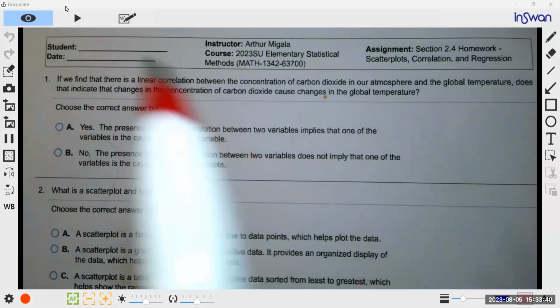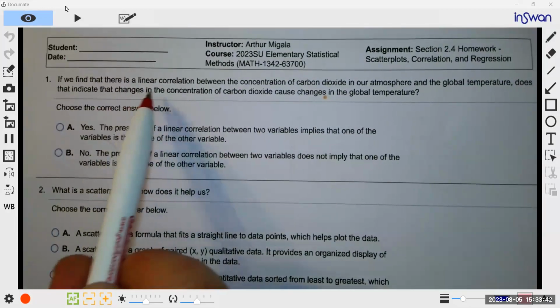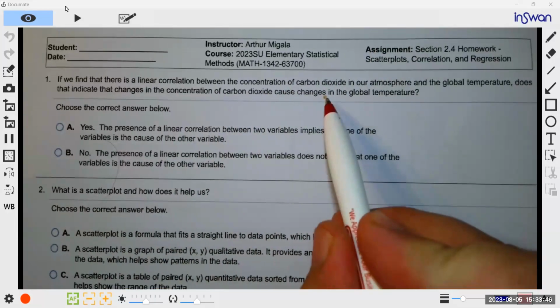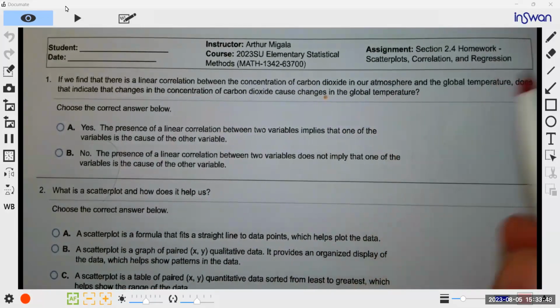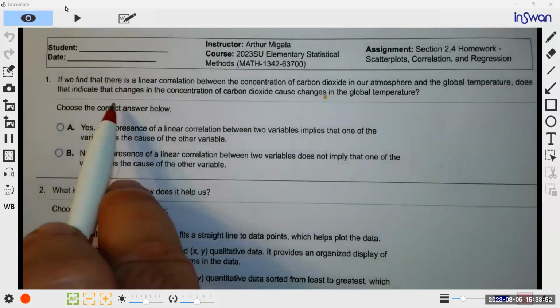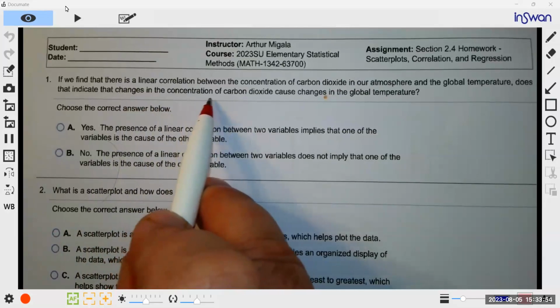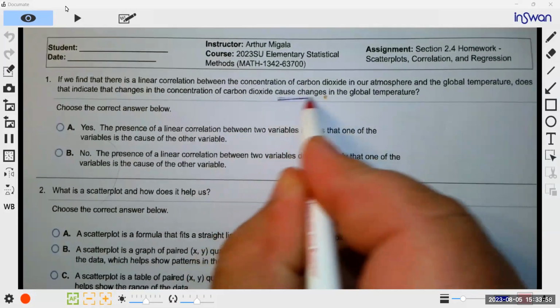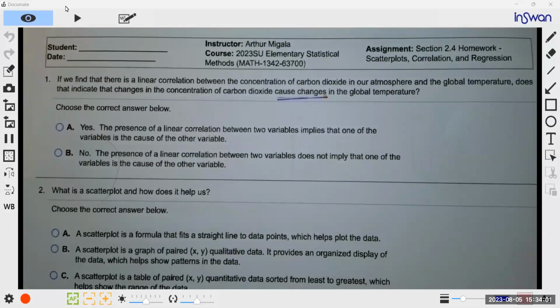The first question says, if we found that there is a linear correlation between the concentration of carbon dioxide in our atmosphere and the global temperatures, does that indicate that changes in the concentration of carbon dioxide cause changes in global temperature?